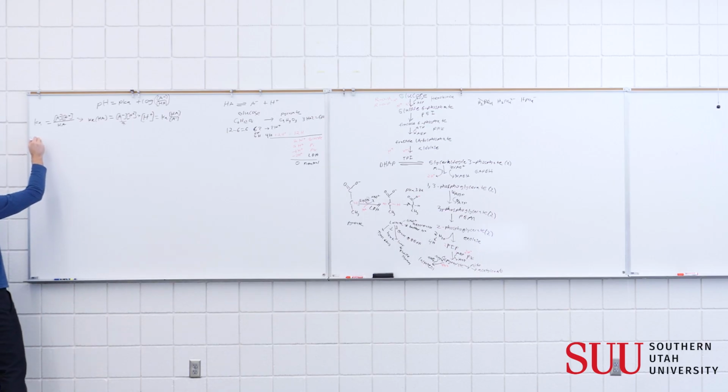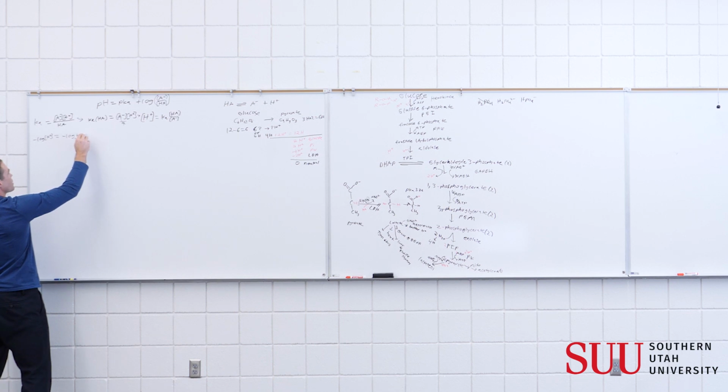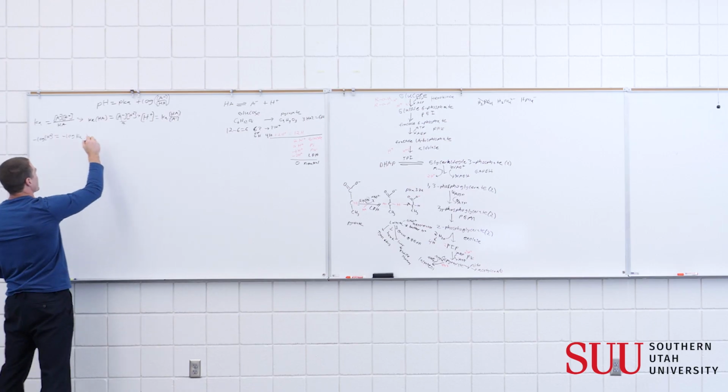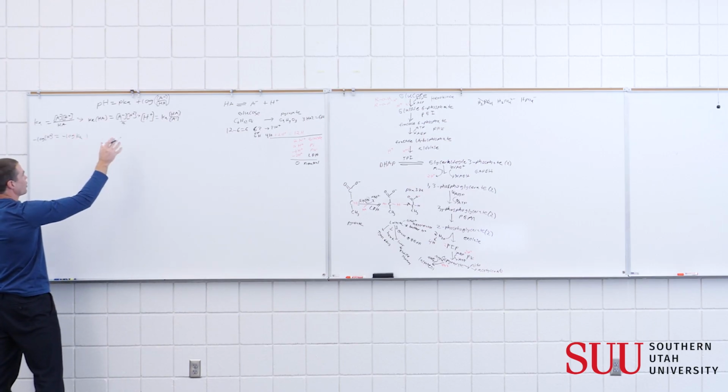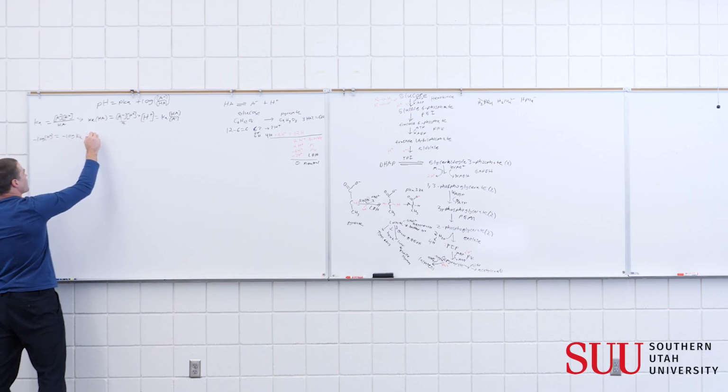So we take the negative log of our H plus concentration, which is equal to the negative log of our Ka, and, well, let's see, with HA we can subtract those because of the rule with logarithms, so we get plus the log of A minus over HA. We switch those around, or we switch the sign.